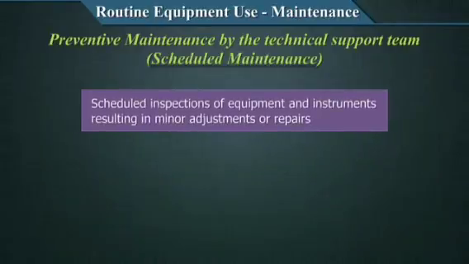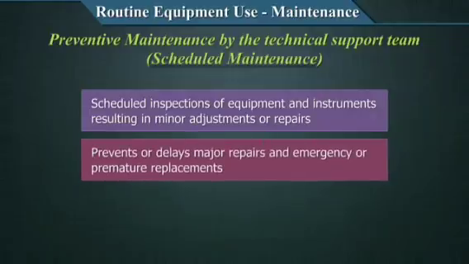This preventive maintenance is defined as a plan of scheduled inspections of equipment and instruments, resulting in minor adjustments or repairs for the purpose of delaying and avoiding major repairs and emergency or premature replacements.